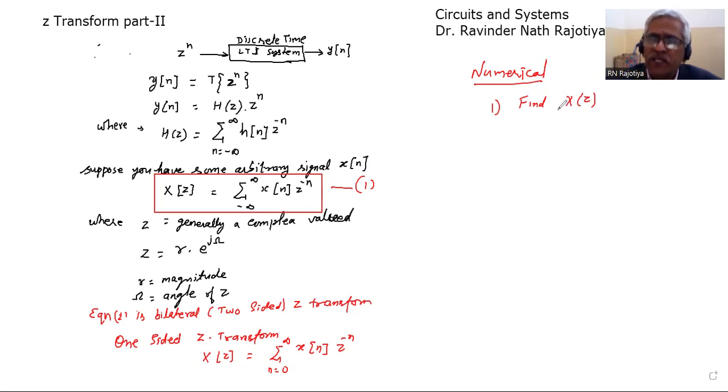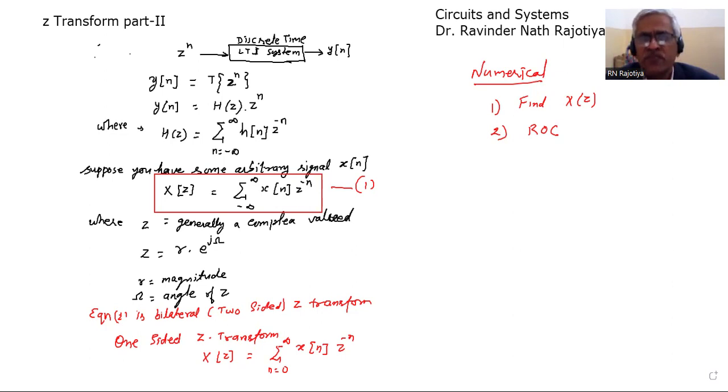And finding the x of z of a given signal is not sufficient. You also need to find out the ROC, region of convergence. Once these two things are found out, only then we will say the answer is complete. Therefore, both x of z and ROC are required to be found in solving the questions given in the Z transform.